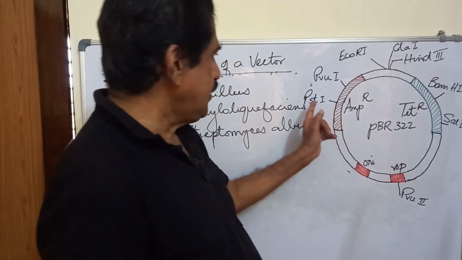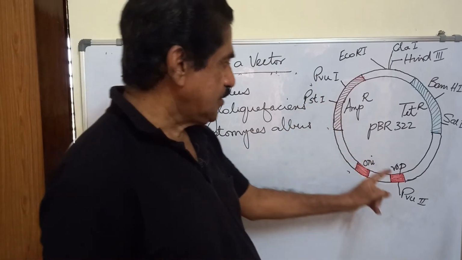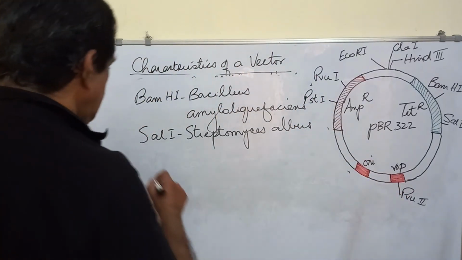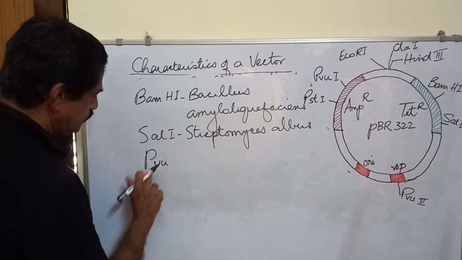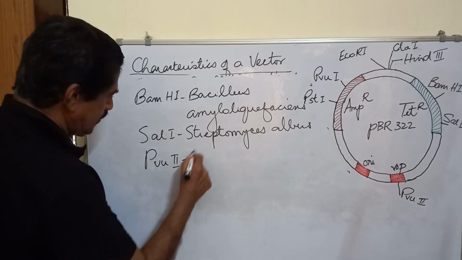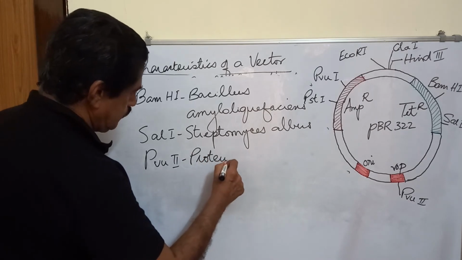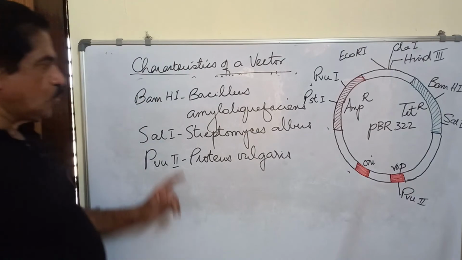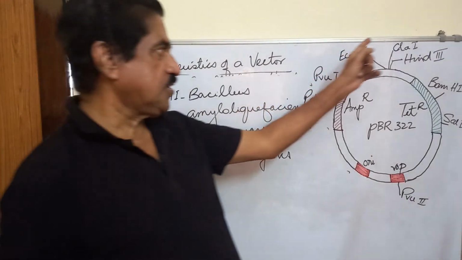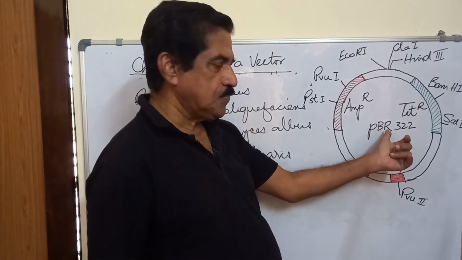PvuII is obtained from Proteus vulgaris. So these are the sources of the different restriction endonucleases that cut the plasmid.